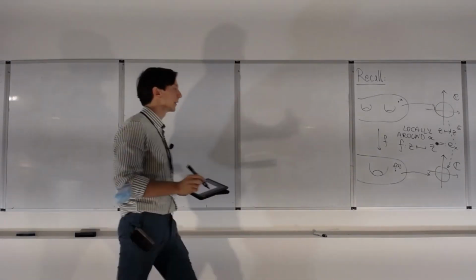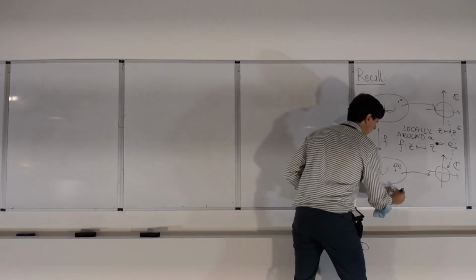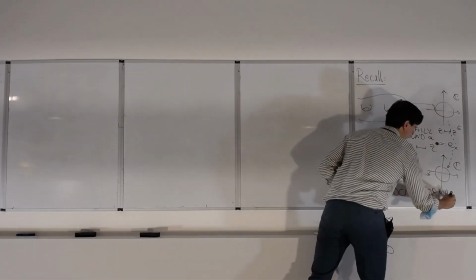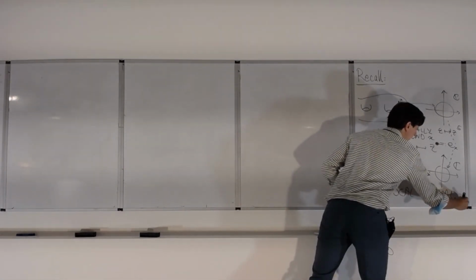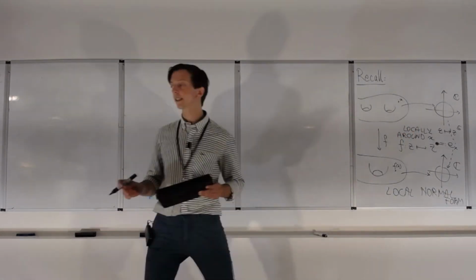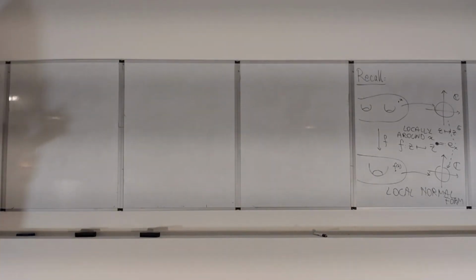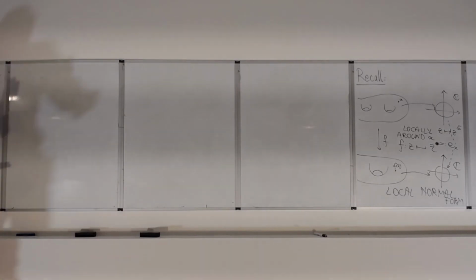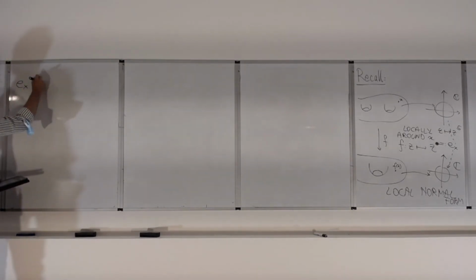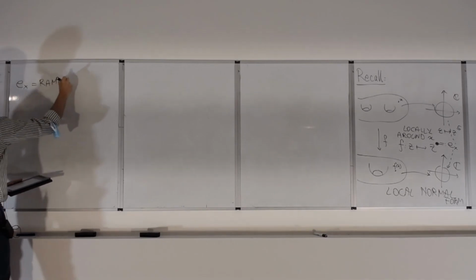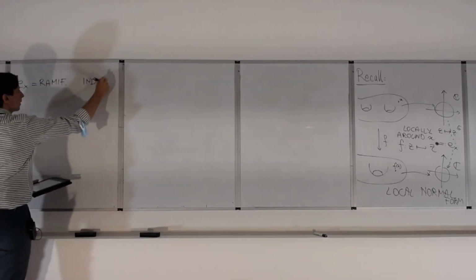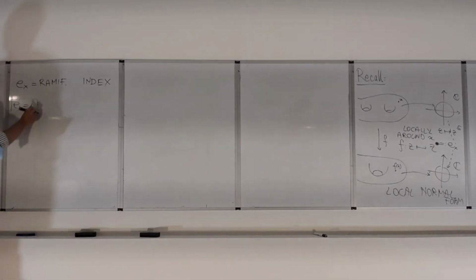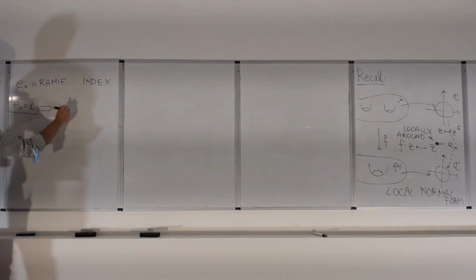I want to call this local normal form. It's not a form in the sense of dz, it's the form that it takes. And I want to call this Ex the ramification index. And so if Ex is equal to 1, then I want to say that X is unramified.